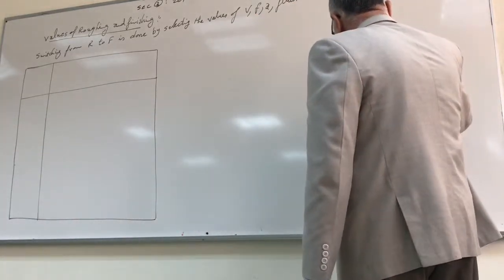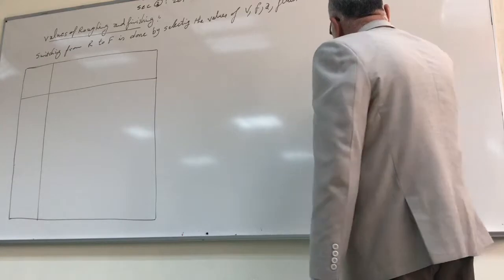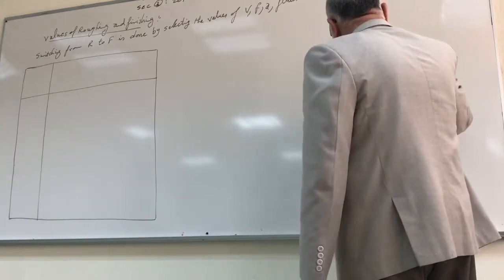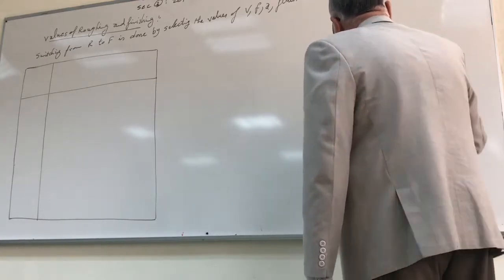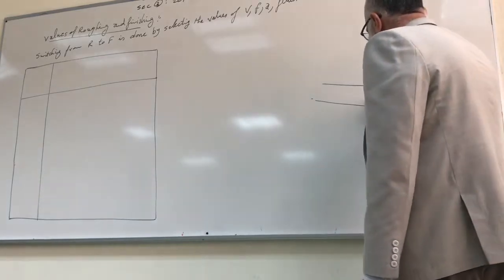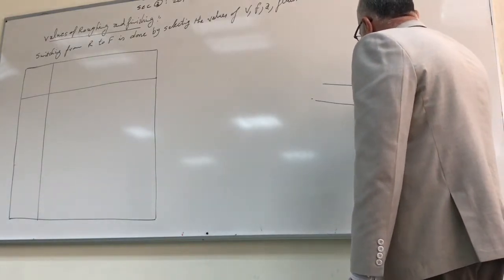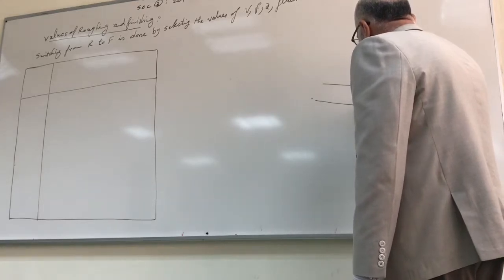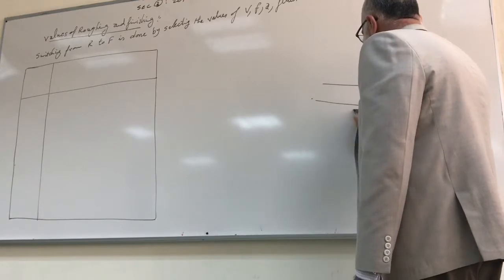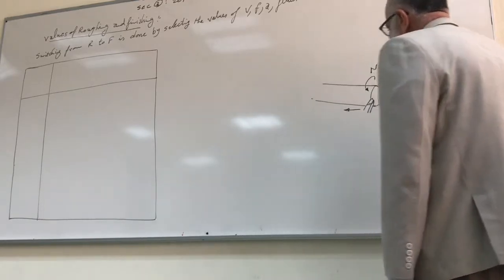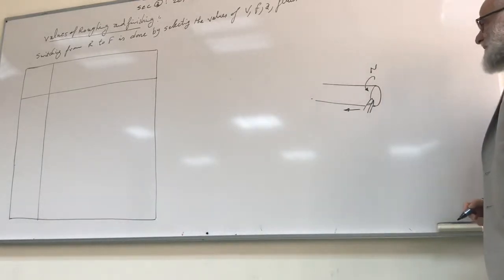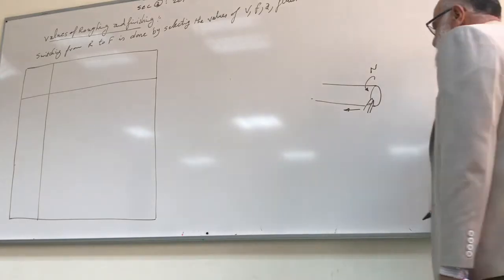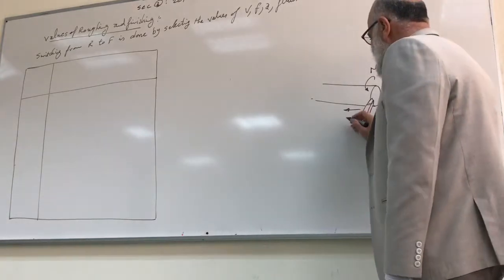One motion of the piece rotating. Then the other motion is done by the tool, moving axially, for example. This is the tool, moving in this direction. Therefore, we have two motions, rotation and feed.